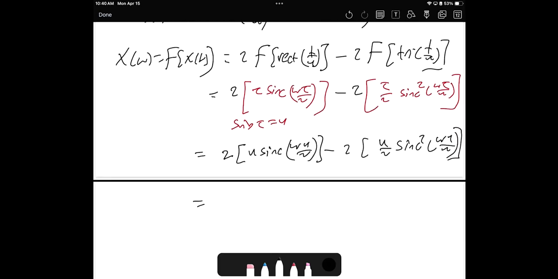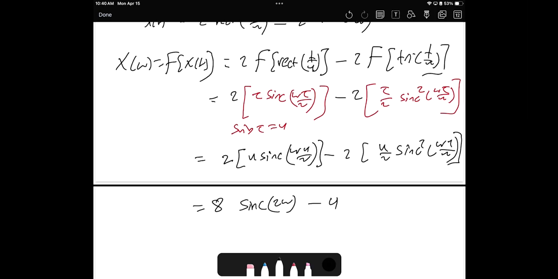We get 2 times 4, which is 8, sinc of omega 4 over 2, which is 2 omega. Sinc of 2 omega minus here 4 over 2, 2 times 2, 4, sinc squared of omega 4 over 4, which will cancel each other. And that's it. This is X of omega. This is the final answer.